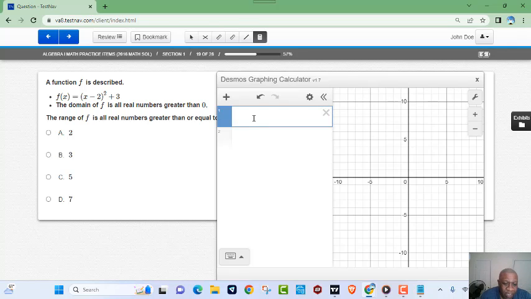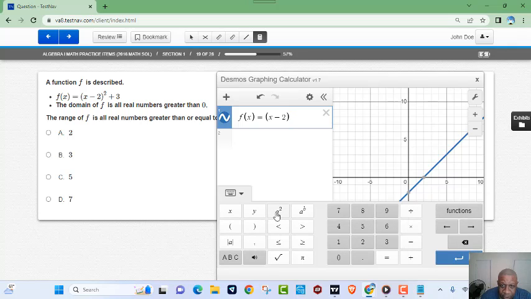So we have f of x equals x minus 2, we put the squared in, plus 3. All right.